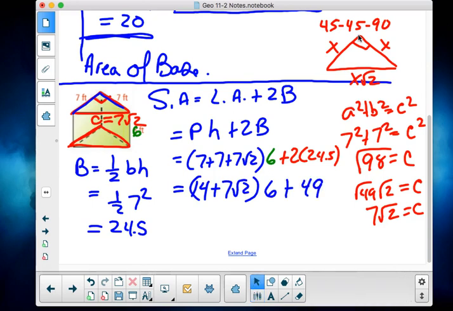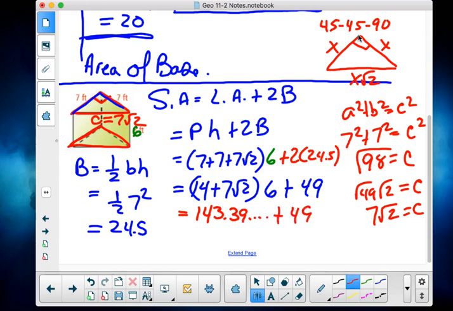Placing that in my calculator, 14. Now remember, 7 square root of 2 is different, so you can't just add 14 and 7. It's got to be 7 times the square root of 2, and then add that to 14. Hit enter, multiply that result by 6. Right now I should have, and you should have too, 143.39 in your calculator.